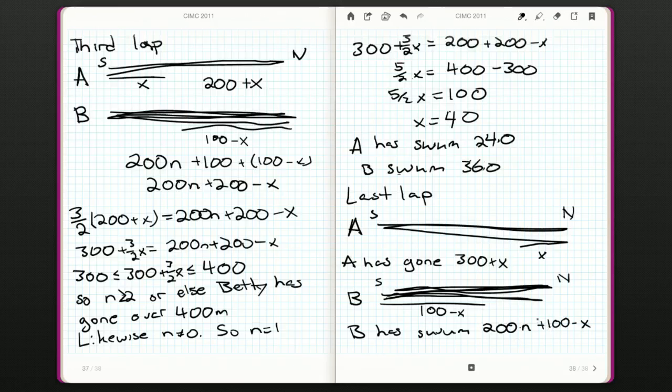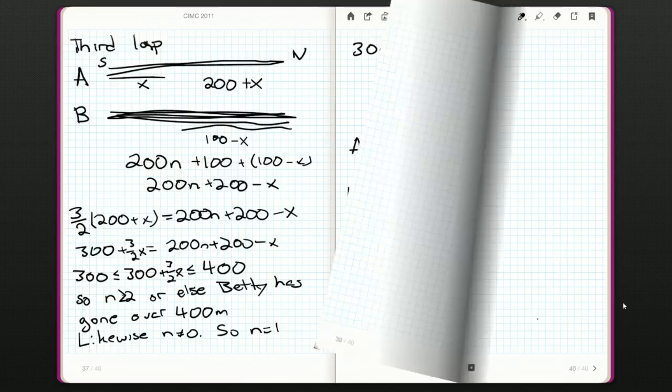That's a multiple of 200. And X minus X, those cancel out. So I should just be left with 200N plus 400, which is some multiple of 200. I mean, yes, it's also a multiple of 100. That's the length of the pool, and that might come into it. But I'm noticing specifically there are a lot of 200 lying about. Things seem to keep coming up with 200. So you got to be aware of those little things, because this is taking a long time. This is only part A. There's got to be a faster way to do some of this stuff.